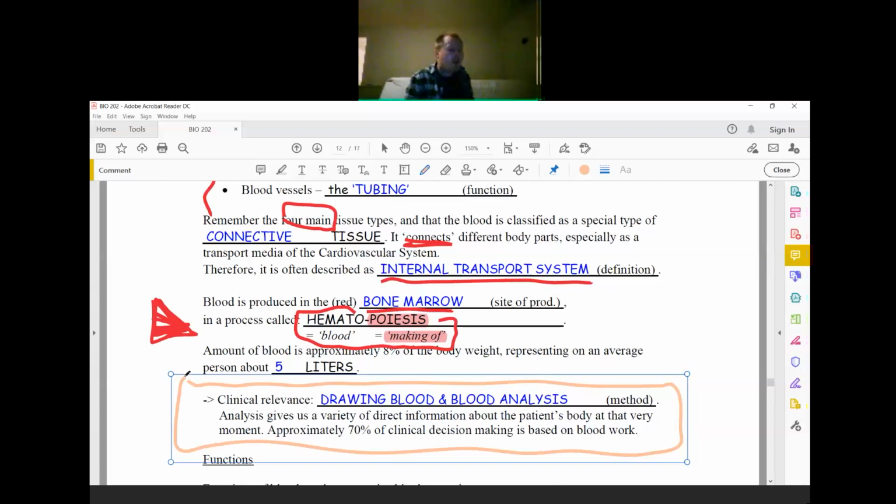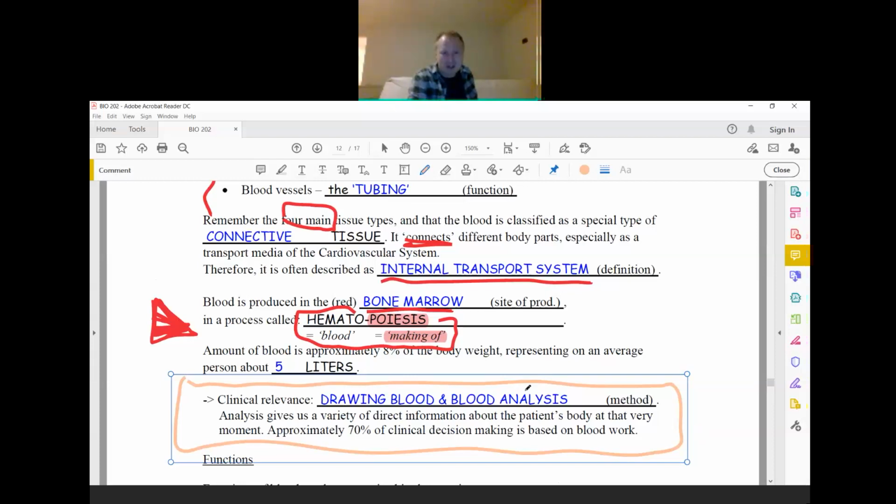And I read some time ago a study that I'm pretty convinced was fairly accurate, that about 70% of the decisions that a medical doctor makes come from simply looking at the results of this analysis of the blood. So really, this is an important way for clinical decision making.